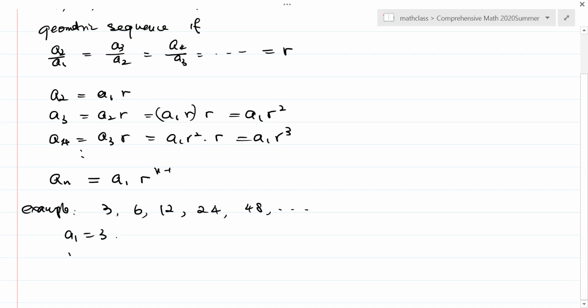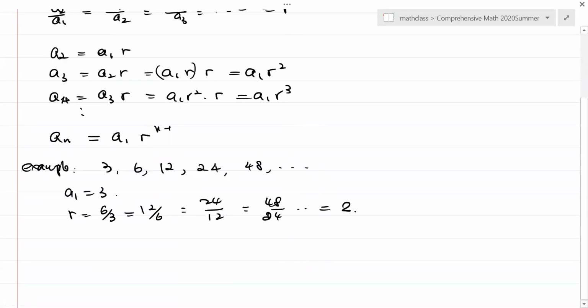The ratios are 6 over 3, 12 over 6, 24 over 12, 48 over 24, so they're all equal to 2. So the general term is A1 times R to the n minus 1, so it's going to be 3 times 2 to the n minus 1.